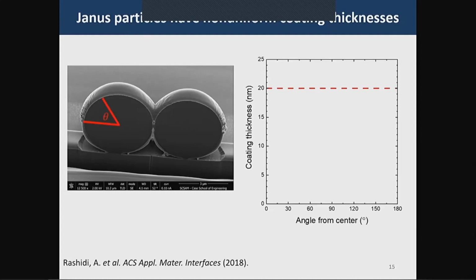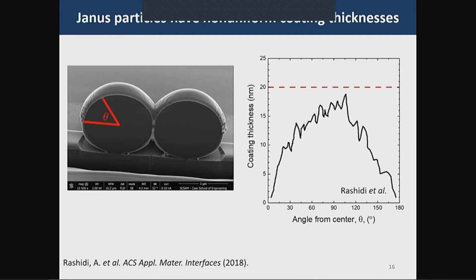The assumption usually is that the cap thickness is perfect, or constant all the way around, like 20 nanometers, for example. But indeed, it's not, as you would expect, because you're evaporating this material onto the contour of the particle. You would expect at the equator a thickness that decays to 0, and at the top you would have nominally what you would have predicted. So we measured this, and that is true.